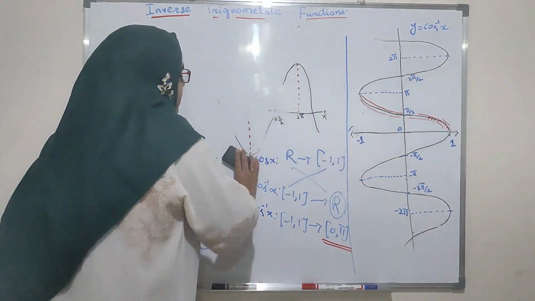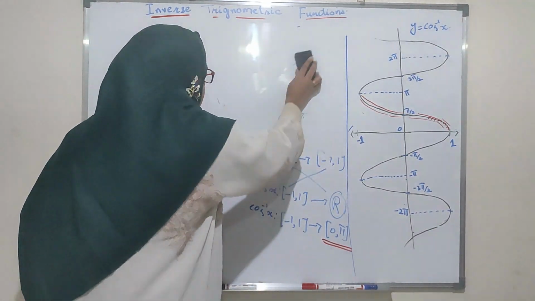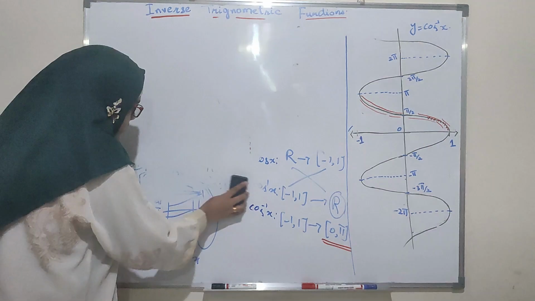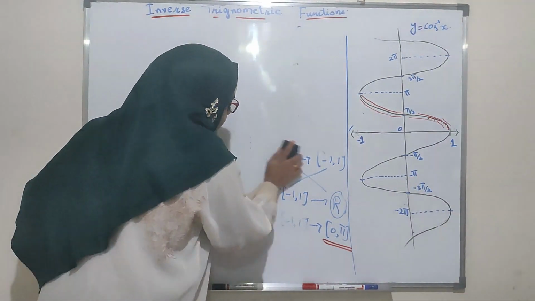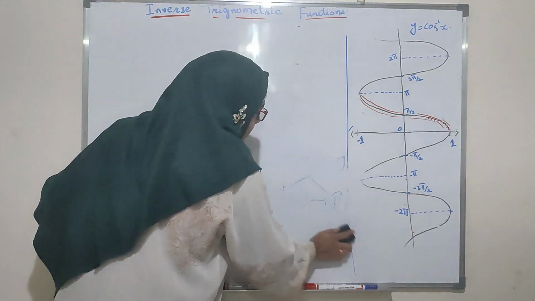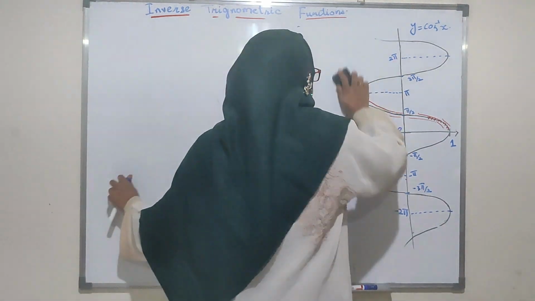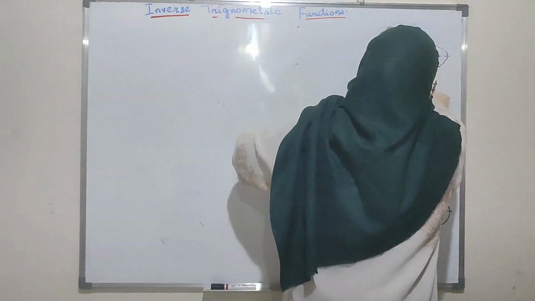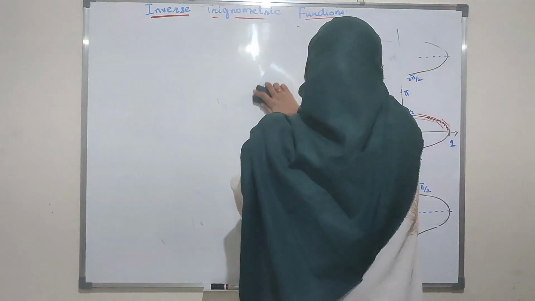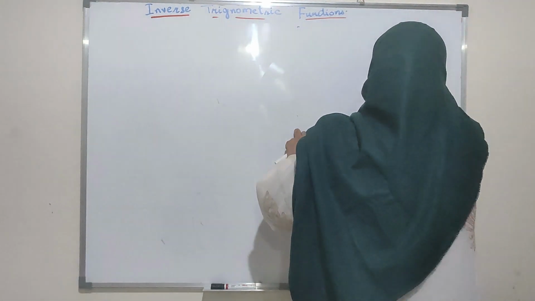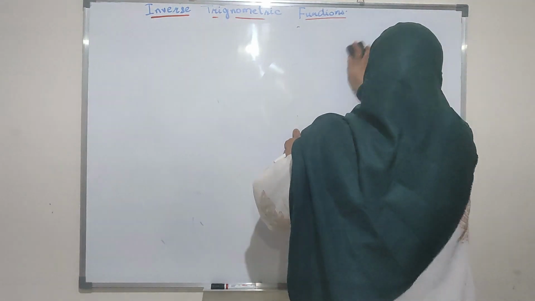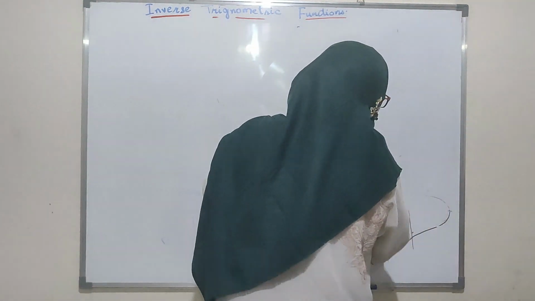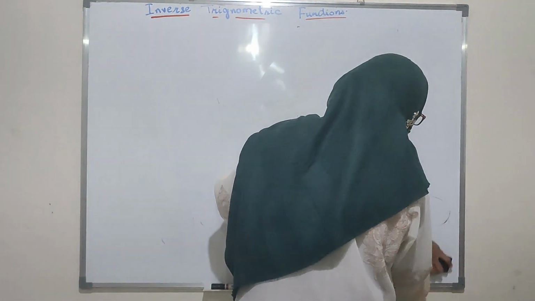So now you can see the graphical connection of a function and its inverse. How are a function and its inverse connected graphically?